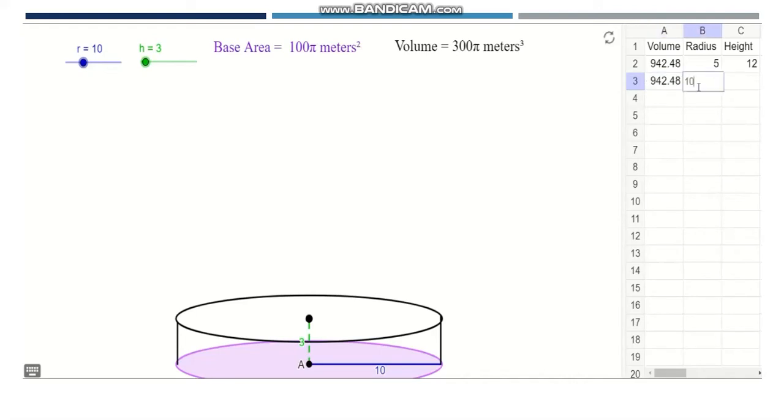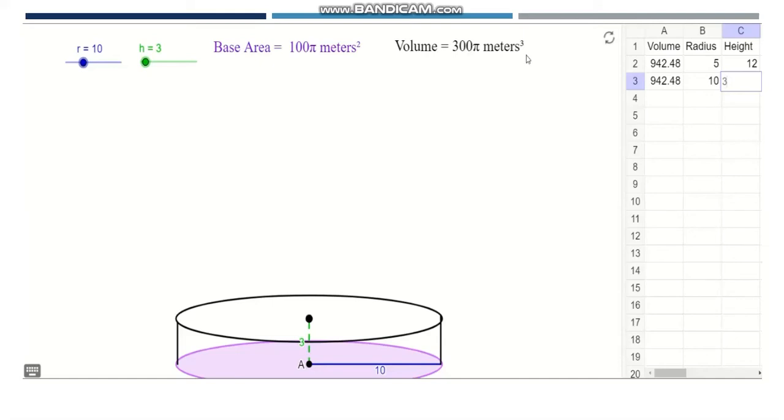Our radius was 10 and height is 3. As you see, our two variables change, but our volume stays the same, 300 pi cubic meters.